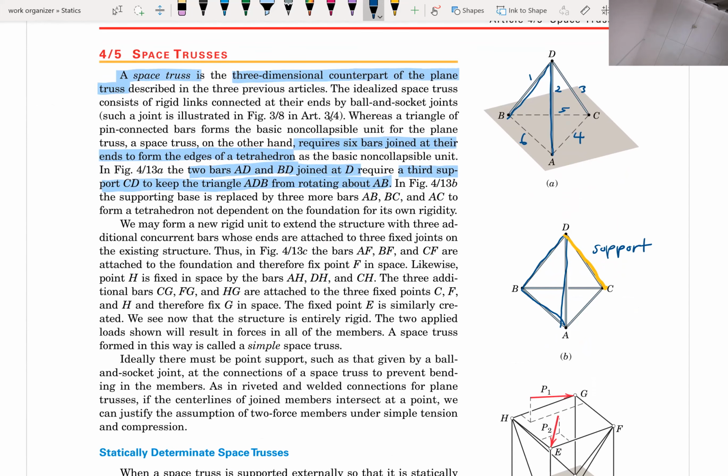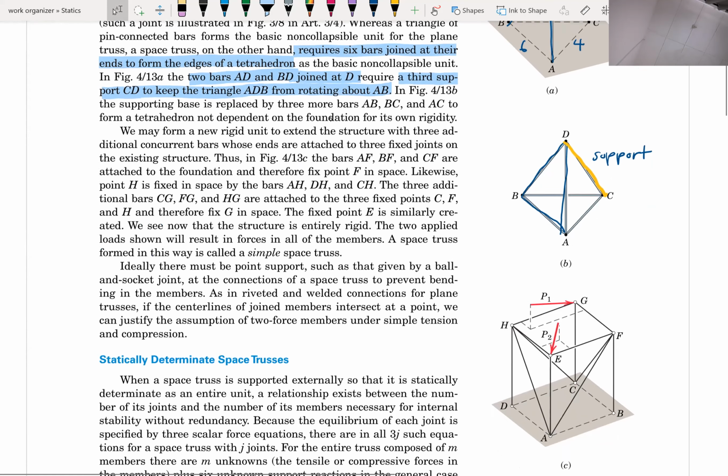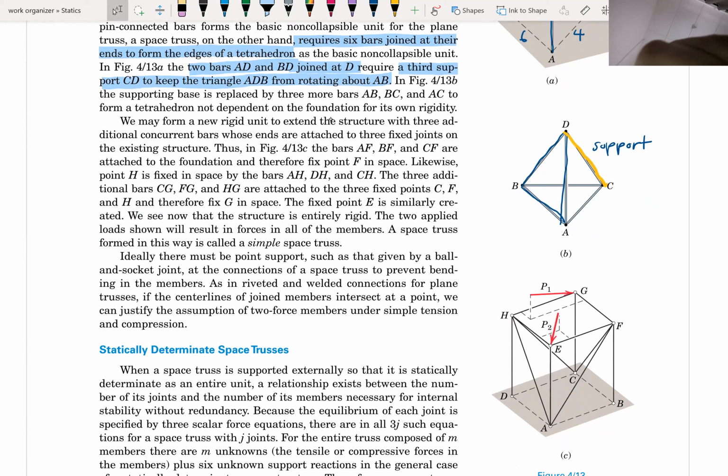Okay, next. In figure C, now we refer in figure 14C. The bars AF, BF, and CF are attached to the foundation, and therefore its point F in space. So here, where is AF, BF, and CF?